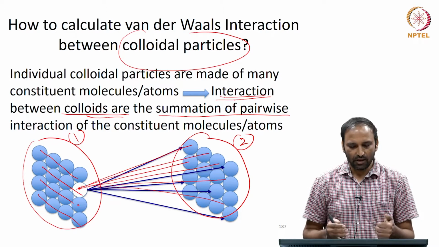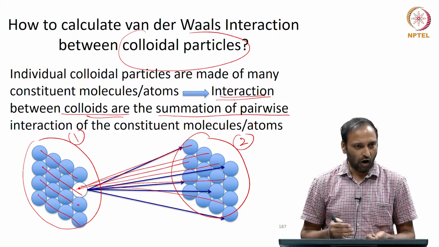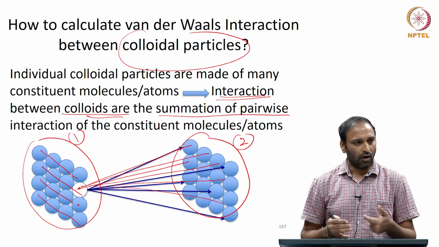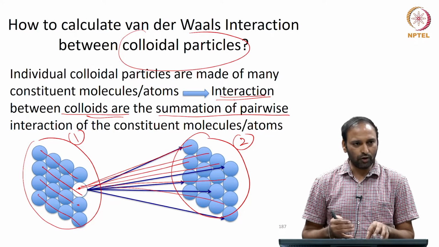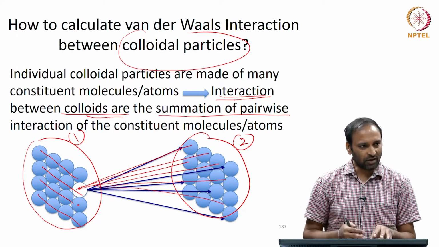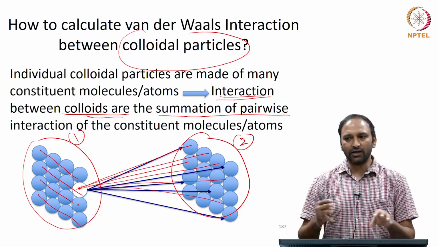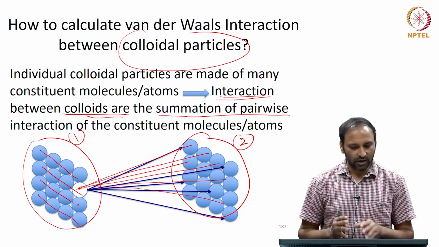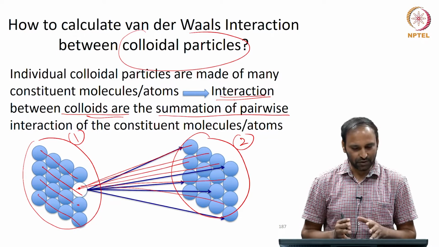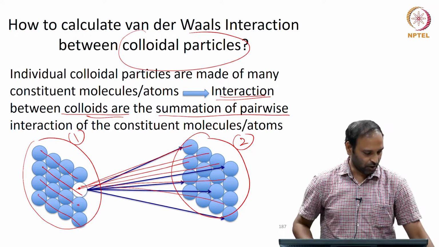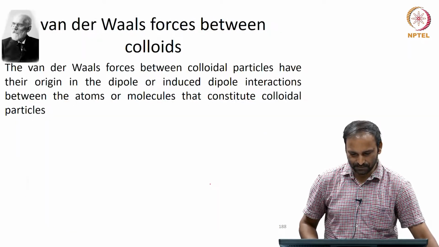This pairwise addition of the interaction of every atom or molecule in a particle with the atoms and molecules in the other particle is what gives rise to the total Van der Waals force of interaction between colloidal particles.